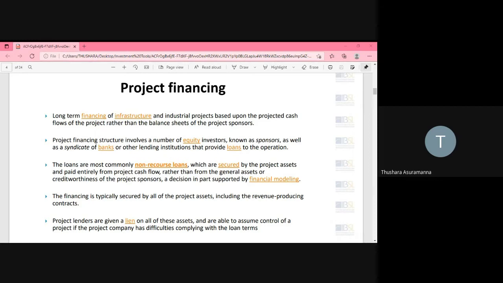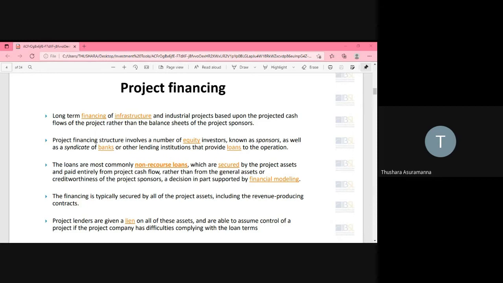Maybe a single sponsor cannot start it all because it may need a bigger investment, depending on the project I am talking about. Hence, there may be multiple equity investors, whom we call sponsors. Similarly, there may be multiple banks, maybe 1 or 2 or 3, a kind of syndication that gets together and does the lending, which we call the loan component.